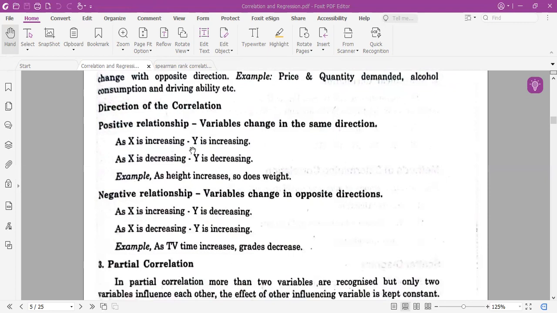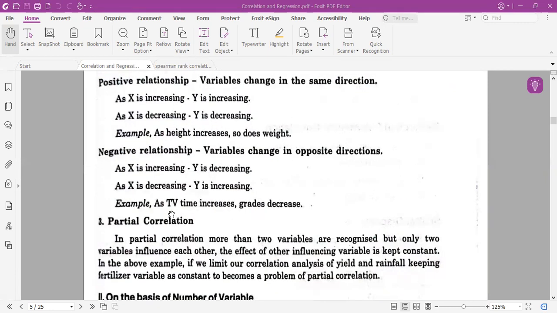If X is increasing, Y is also increasing, or vice versa, it is called positive correlation. If X is increasing, Y is decreasing, or vice versa, it is called negative correlation. Example, as TV time increases, grades decrease. That means if you spend more time watching television or you get addicted to social media websites or something like that, then definitely your concentration on study is going to come down actually.